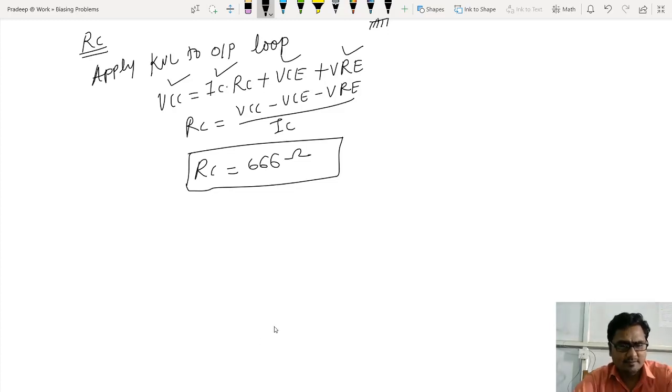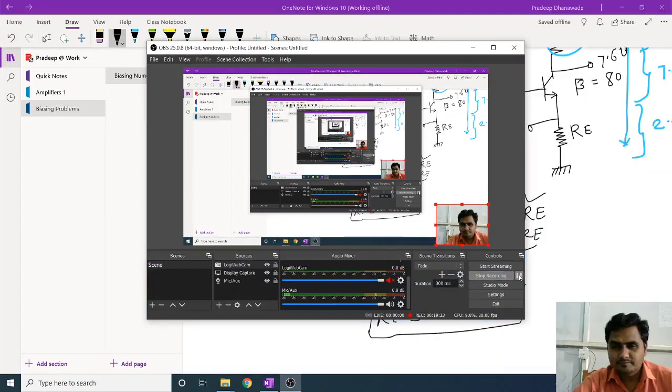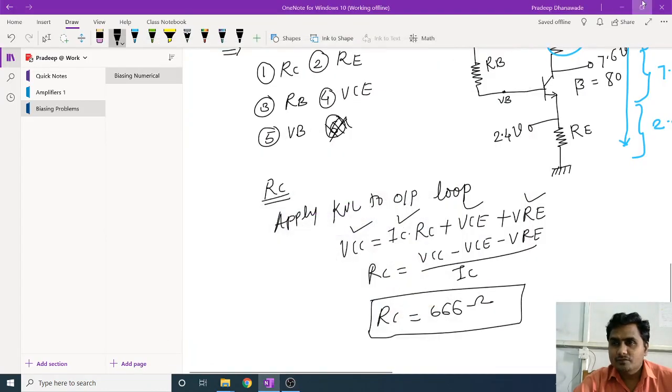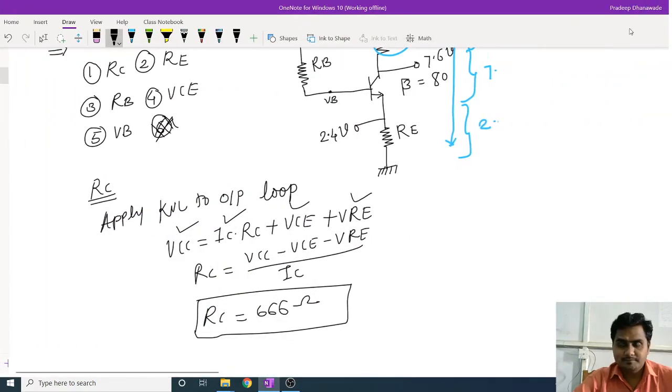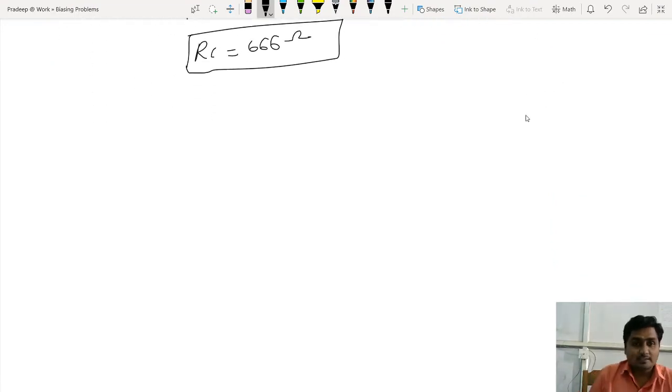We have an alternate method also for that. Okay, we are done with RC. Then RE. How can I calculate RE?